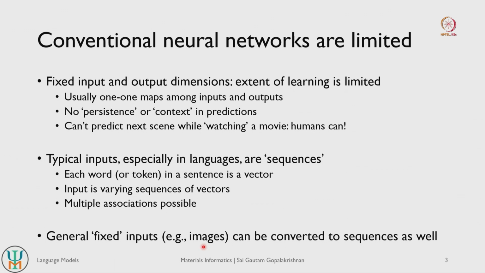But we can also deal with these fixed inputs, where images are all of the same number of pixels, in terms of sequences, right. So the models can identify which region of the image is very important for a given classification task or a regression task, right.